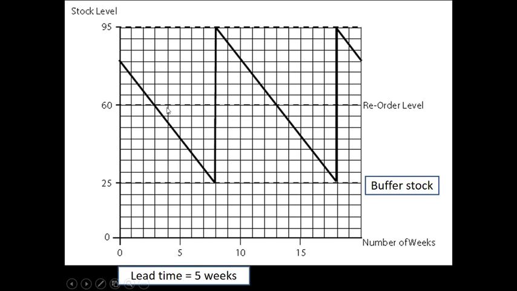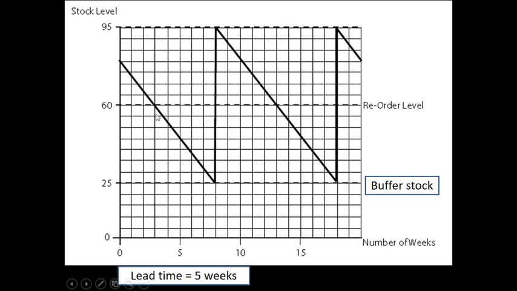The first is this dotted line here that we see when the stock level gets down to 60. So when the stock level gets down to 60, this is the reorder level, at which point the business places an order with their supplier to get more stock.